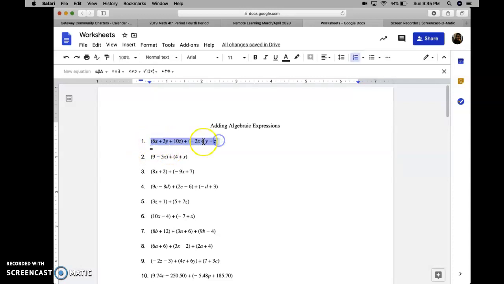The truth is that these parentheses don't necessarily have a function other than that they tell us, hey look, there's one algebraic expression and there's another one here, and I want you to add the two algebraic expressions. Besides giving you information, they don't have a function. So opening up the parentheses in this case just means getting rid of them.